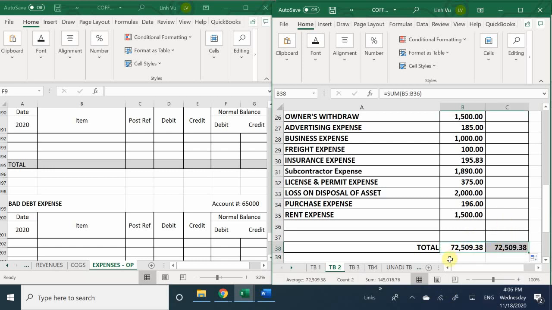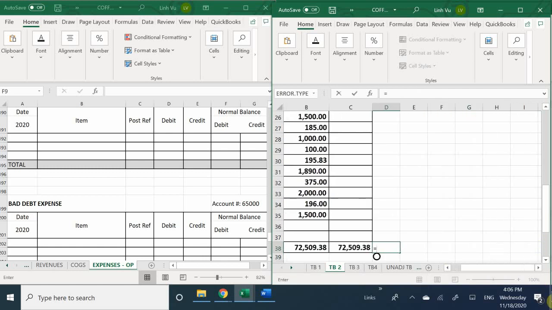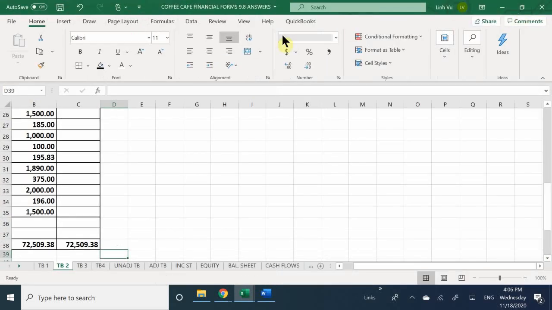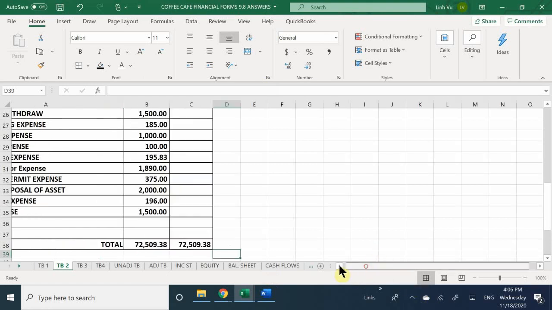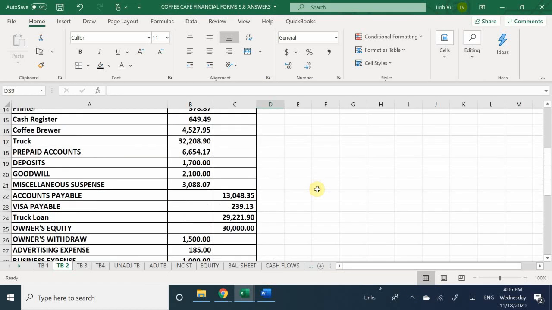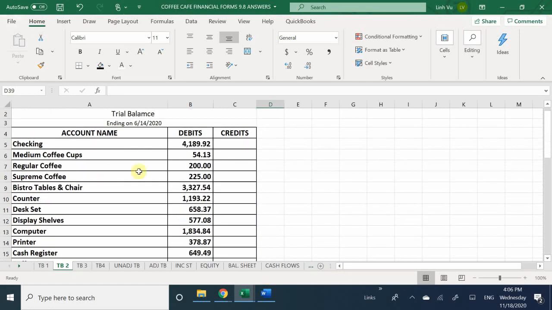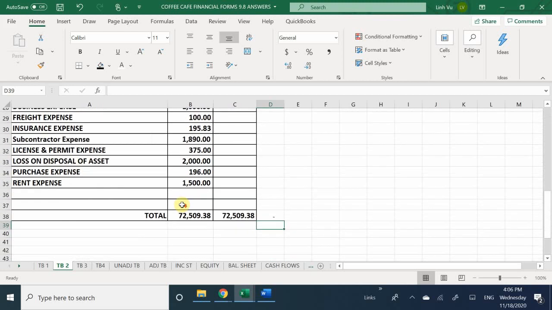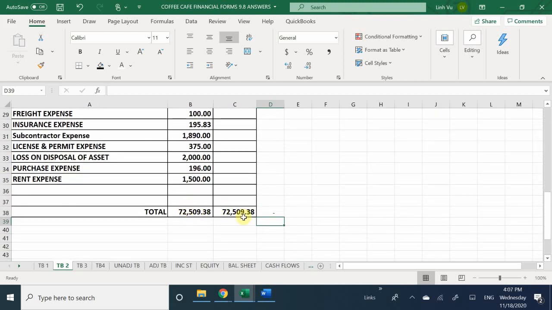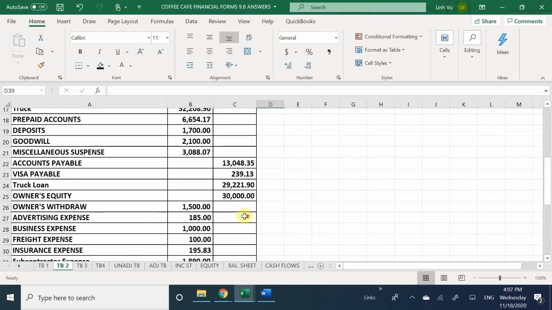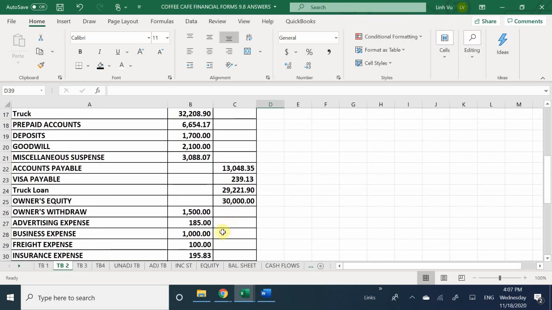Do they match? Yes. So success. When we completed our trial balance, our total debits did in fact equal our total credits. So yay, good job everybody.